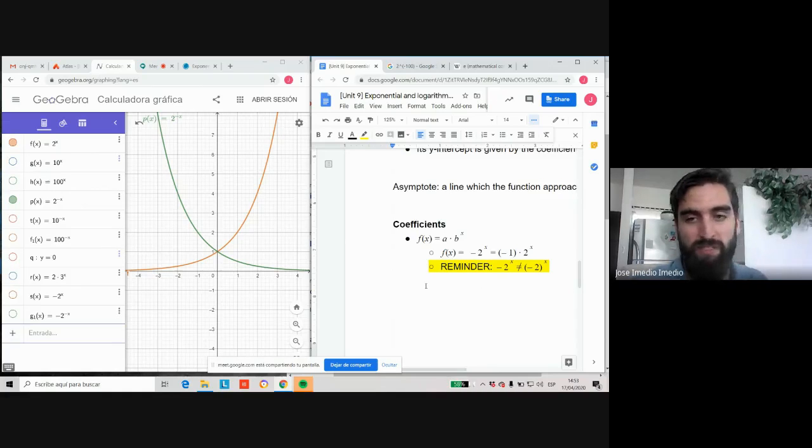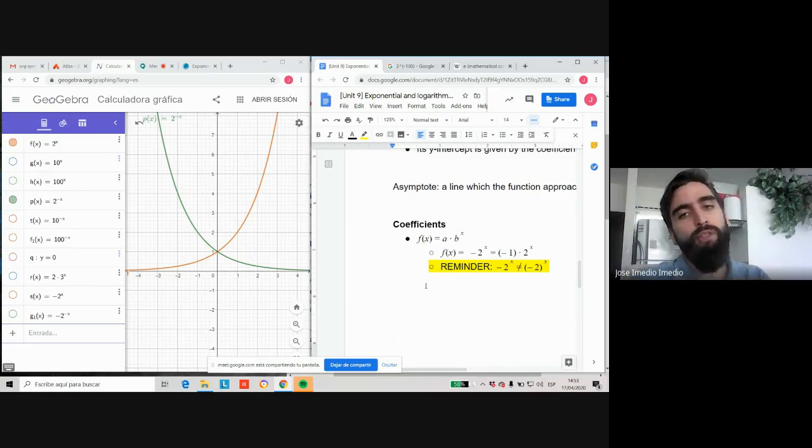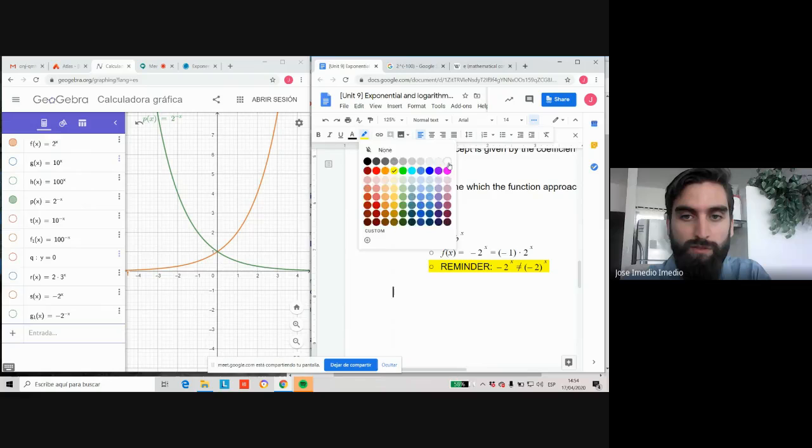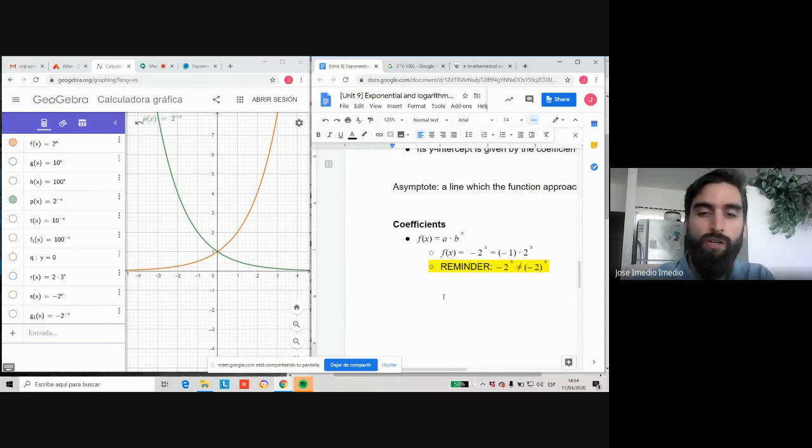Same as in the geometric sequence. And now the other thing that is important for us to know, for modifying something in the exponential function, are the translations. Not in the sense of translating a text or a word, but translating as a movement.